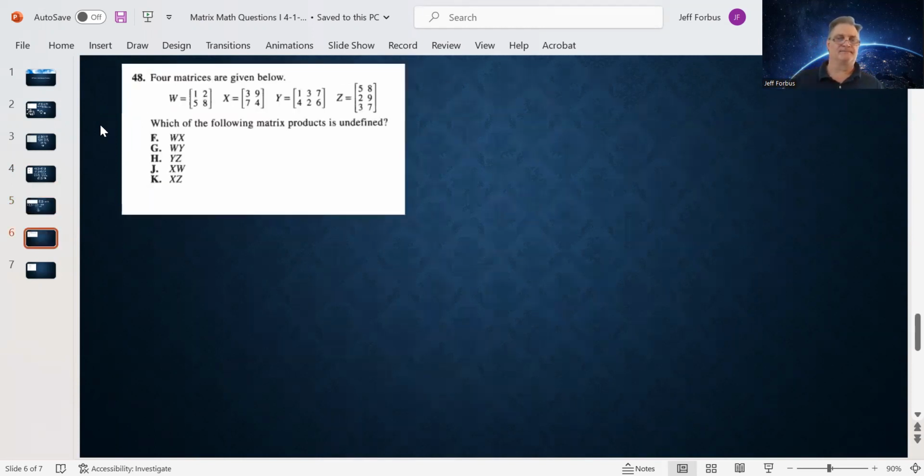Next problem. Okay. They want to know which matrix product is undefined. So this goes back to some theory about the matrices and how they're set up. So remember, we always list the rows and columns first.